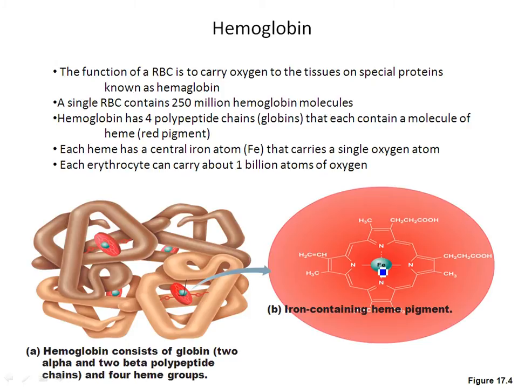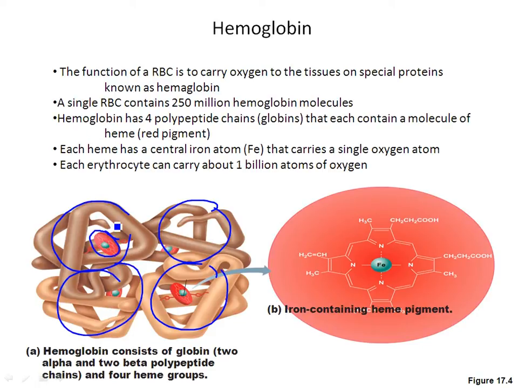And if you remember from your 201, that secondary protein structure, you have the alpha structure and the beta structure. Don't get hung up on all that. Just know that there's 4 separate polypeptide chains that come together. So you've got one there, there's one there, and one there. And then each one of these chains also has a molecule of heme associated. So that's this little red thing here with the green dot in it. That's what we call heme.